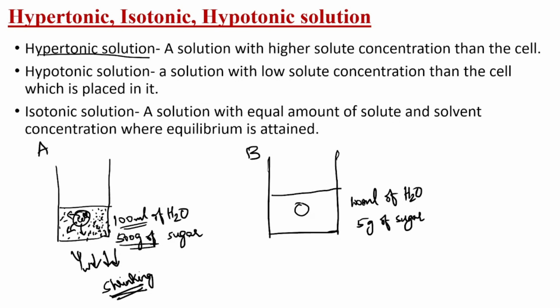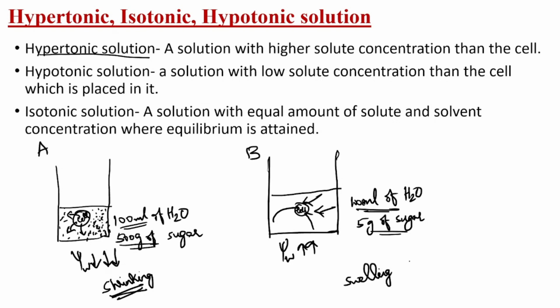Now consider another case I told you, where I'm adding 100 ml of water and 5 grams of sugar. Here what happens is the water potential of the solution is high compared to that present in the cell. As a result, water starts moving inside the cell. And this can result in swelling.